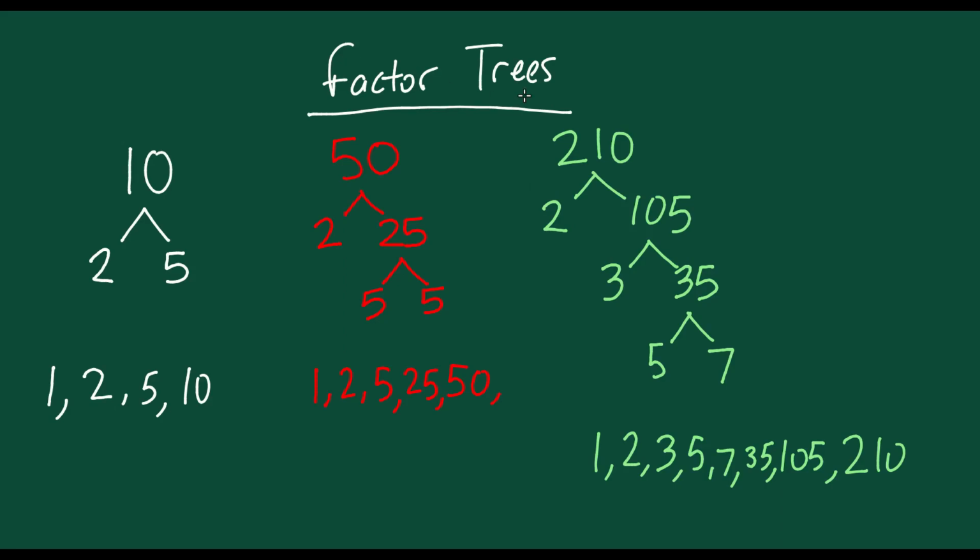But this is why they're useful. They break down any number. We can go from small numbers like 10 to big numbers like 210 to even bigger ones. We could break down any positive integer into its factors, and we can see all of the factors listed in an organized way from small to big in corresponding pairs like this.